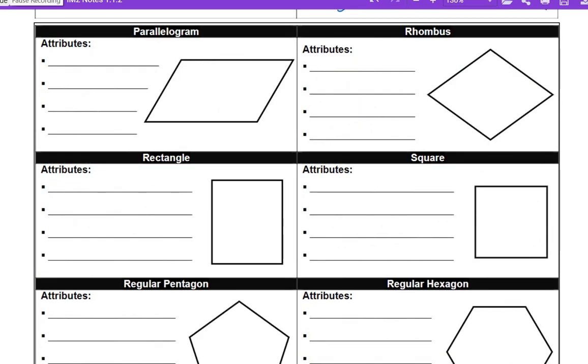Next, we have a parallelogram. Again, we have 4 sides. We have 2 pairs of parallel sides. Opposite angles are congruent, 2 pairs.